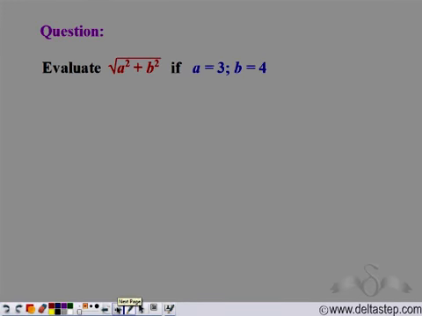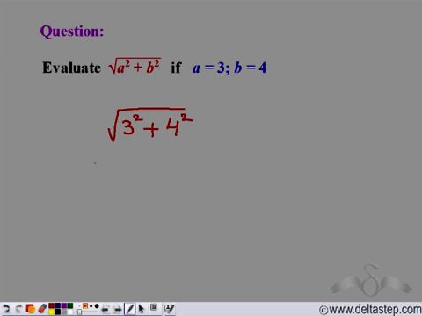Now solve this question. Evaluate root over a square plus b square if a is 3 and b is 4. We know that in order to evaluate this expression, we have to substitute the values of a and b into the expression. So let us do that. Root a square is 3 square. b is 4. So b square is 4 square.